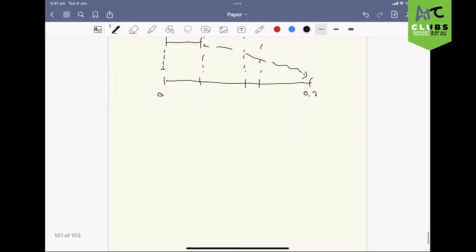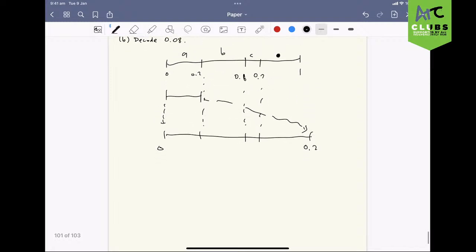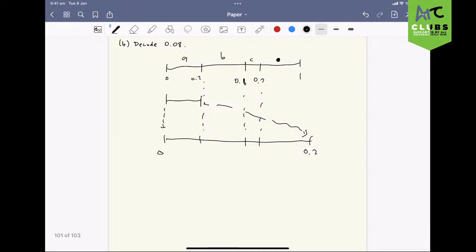And again, we do this using another table. The table is going to have a first column, scaled encoding number. Well, let's just say number. That's just going to be the 0.08 at the start, and then it keeps getting rescaled as we enlarge the intervals that we end up in.